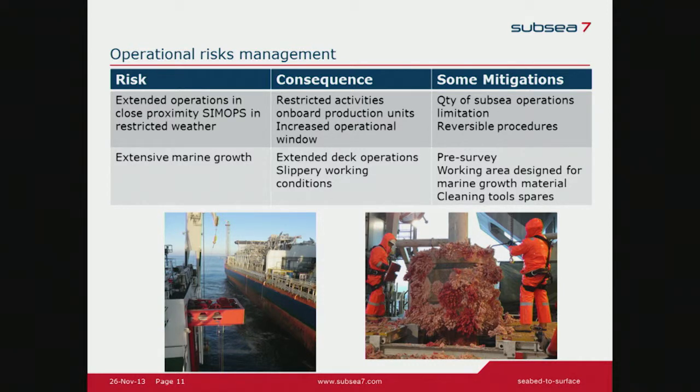And the main mitigation we have is a very thorough risk assessment that we perform with the client team and the vessel and all the parties necessary, but also a planned shutdown from the operator is seen as a mitigation. So we see here an example of an operation that was being held on the Njord field, for example, where one station vessel was straight above all the risers, basically.